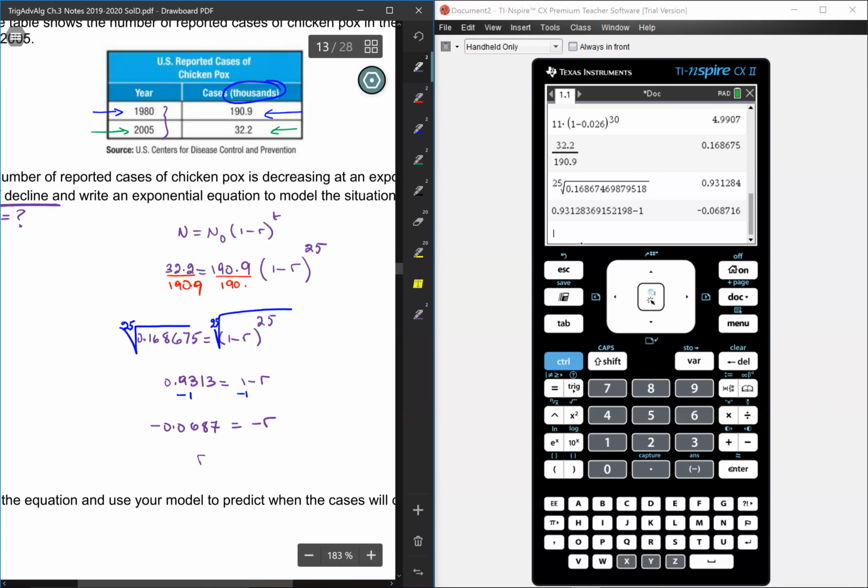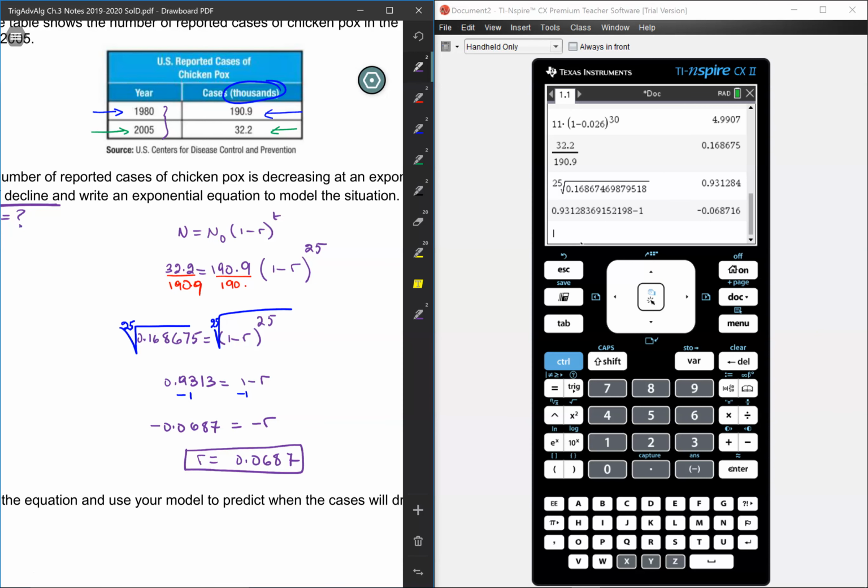And so what's r? Negative 0.0687. Oh, sorry.